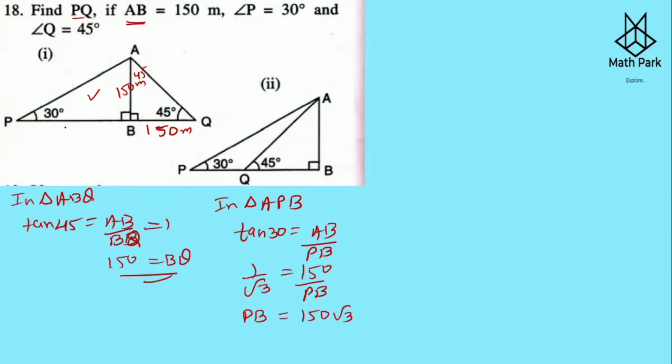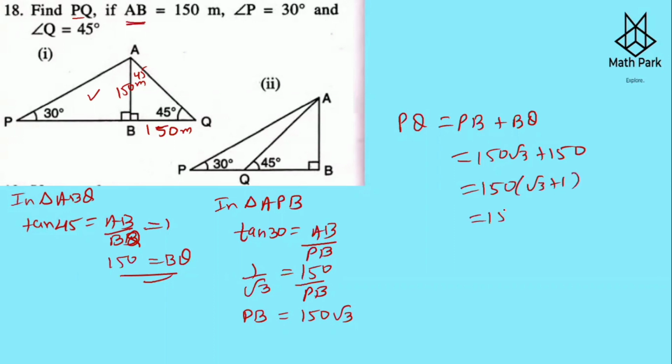Now we are asked to find PQ. So PQ is equal to PB plus BQ, that is 150 root 3 plus 150. If you take 150 common, you get 150 in bracket root 3 plus 1. So 150 in bracket (1.732 + 1), which is 150 multiplied by 2.732.